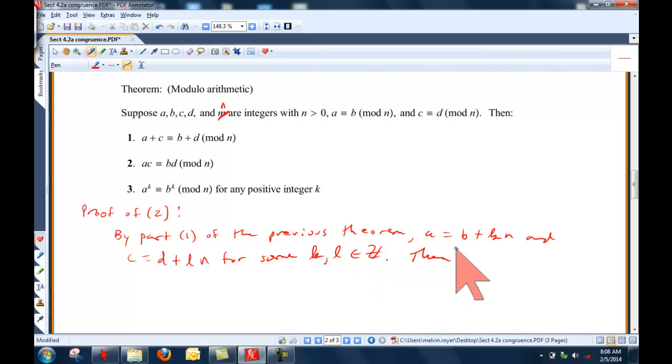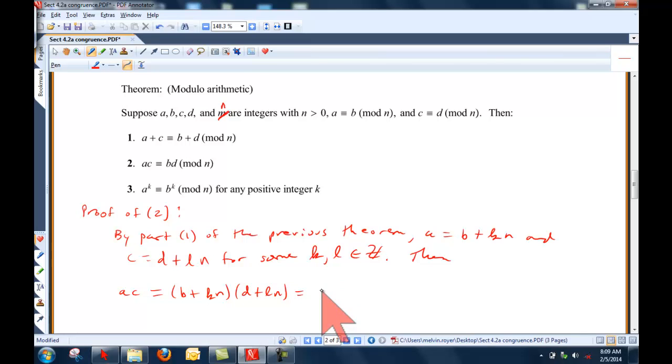And then let's just follow our nose. What is A times C? Well, it's (B plus kn) times (D plus ln).